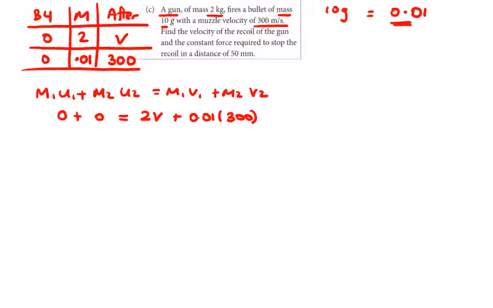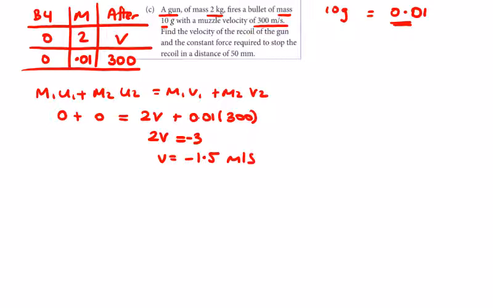So that's going to be 3. So 2V is equal to minus 3. V is equal to minus 1.5 meters per second. So that's the velocity of the recoil of the gun.